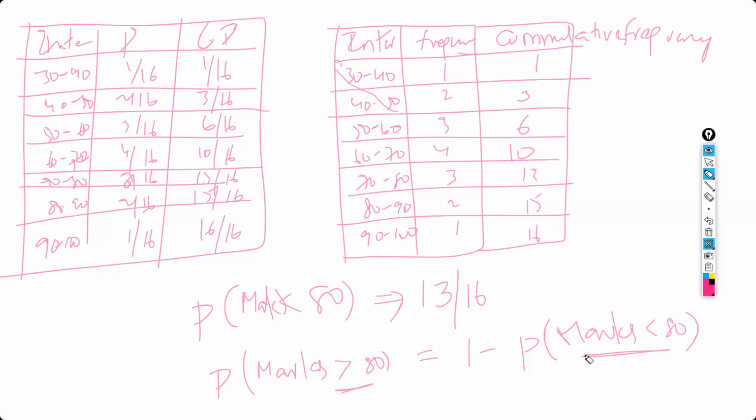So cumulative probability is basically less than 40, less than 50, less than 60, less than 70, less than 80, less than 90, and less than 100. So whenever they ask greater than, what you have to do? 1 minus 13 by 16, which is nothing but 3 by 16. So more than 80, how many are there? 3 are there. 3 by 16.